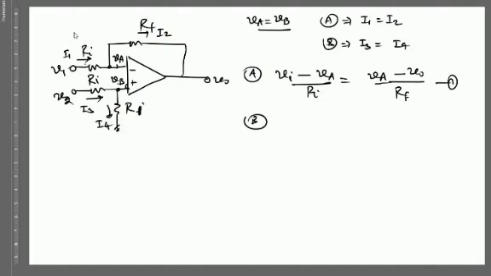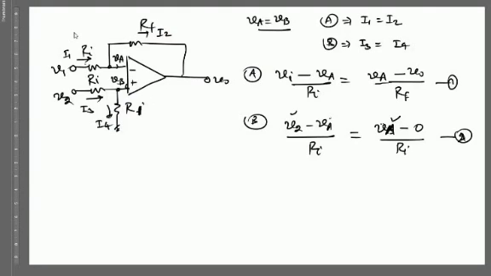At node B, V2 minus, I can write VA or VB, it totally depends upon my choice, equals VB minus 0 over Ri. This is equation number 2. I can find the value of VA or VB from this term. This is also VA.